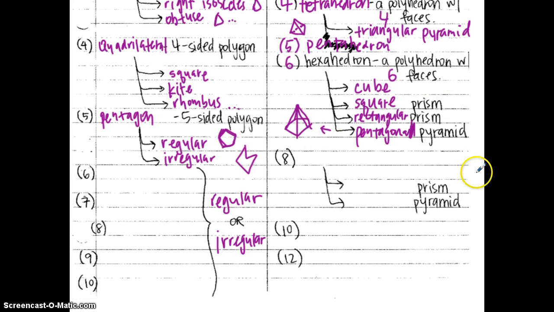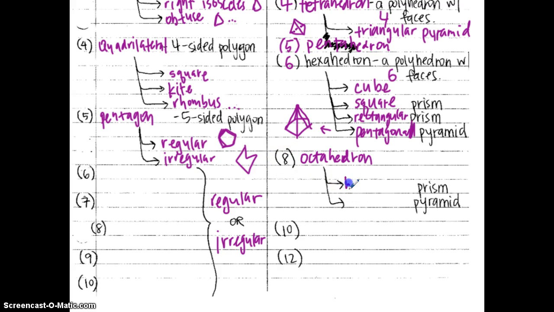Now, can you guess what an 8-sided polyhedron will be? It is an octahedron. What will the prism look like? Like we said, a prism has 2 bases. So that means 2 of the 8 sides must be taken up by the bases, and the leftover lateral sides is 6 of them.